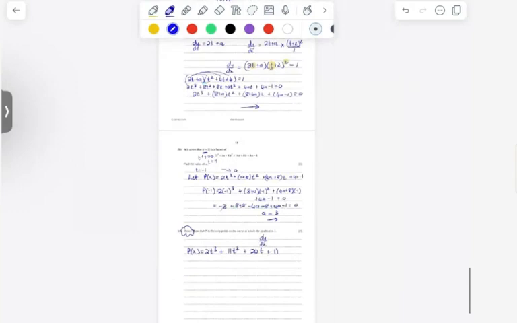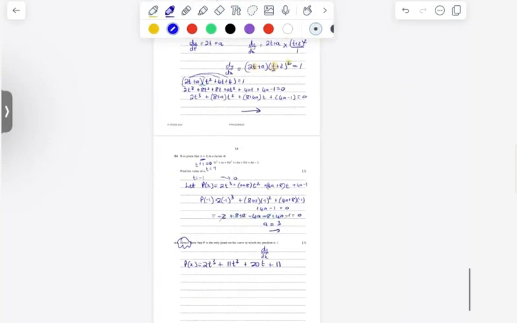Okay, so that is my polynomial that I came out with. But I just want to see my dy over dx is equal to 2t plus a and t plus 2 squared.